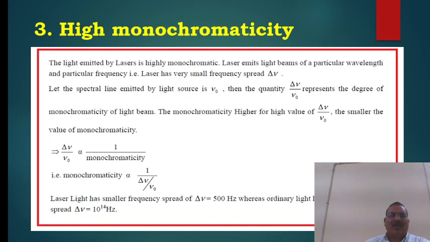Okay, now third is high monochromaticity. The light emitted by laser is highly monochromatic. Laser emits a light beam of particular wavelength and particular frequency, and laser has a very small frequency spread, that is del nu.